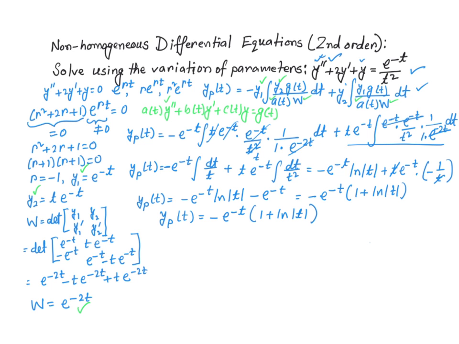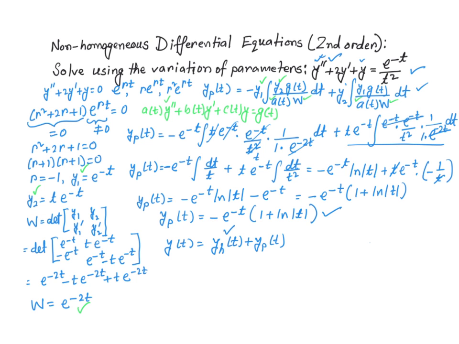Now I'm going to take this particular solution and combine it with the general solution for the homogeneous part. So my general solution is going to be y of t is equal to y sub h of t plus y sub p of t.